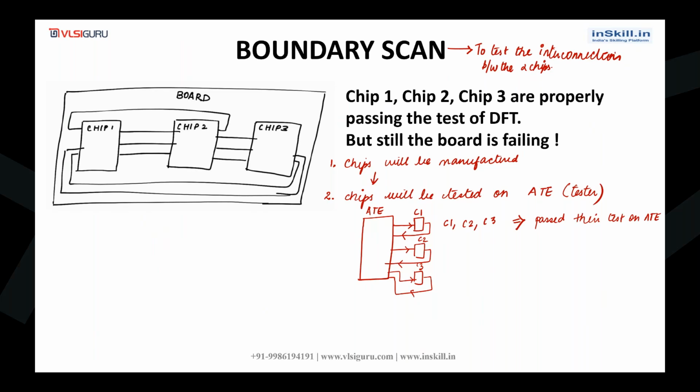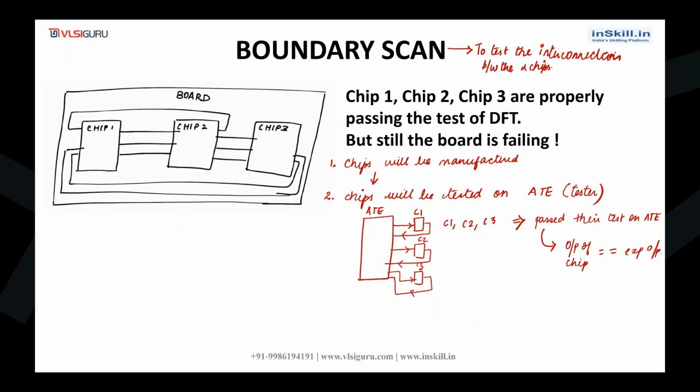As we saw in the initial slides, that means the output of the chip is equal to the expected output.